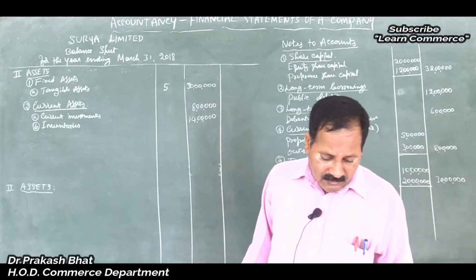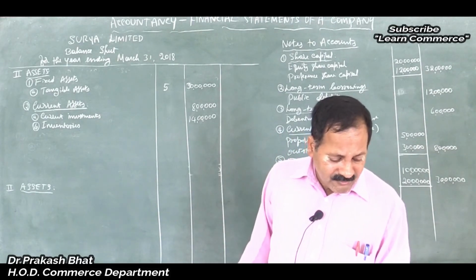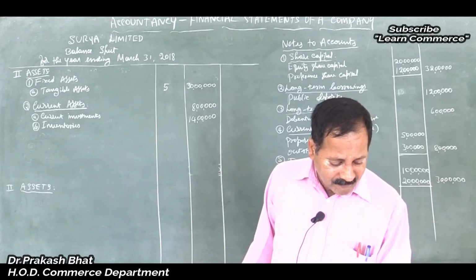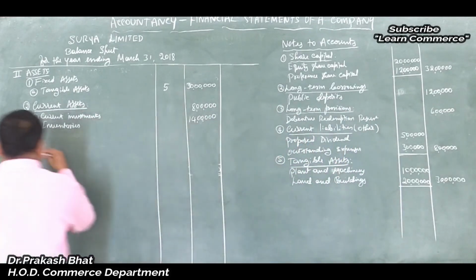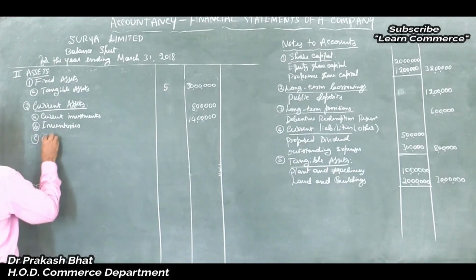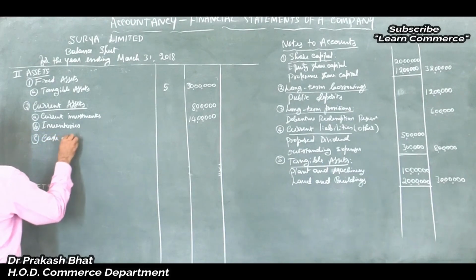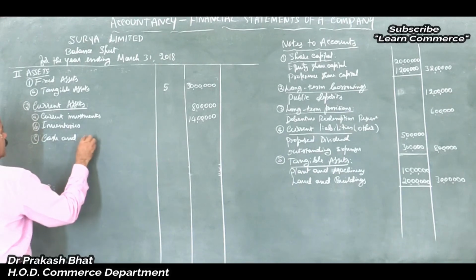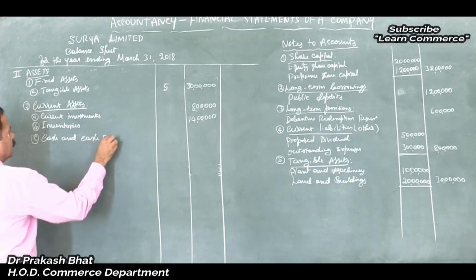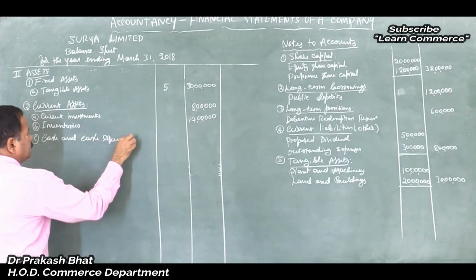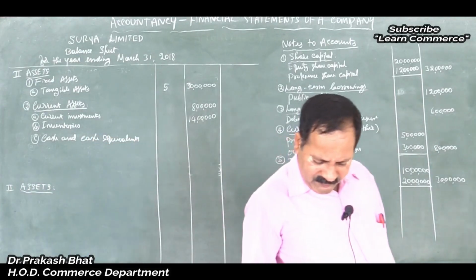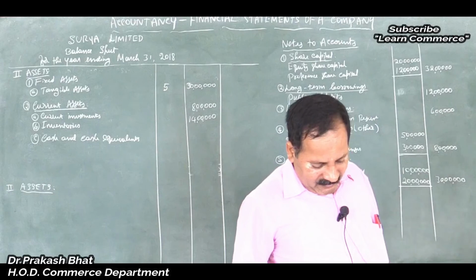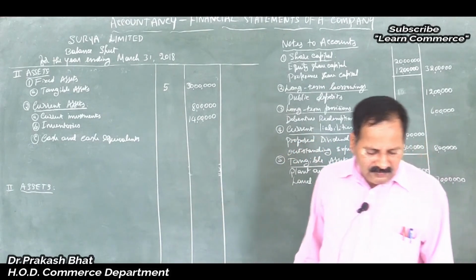Then are there any other assets? Cash and cash equivalents are there, a separate item, right? Yes, write it as C, cash and cash equivalents. Is it 10 lakh? Yes, it is 10 lakh, correct?